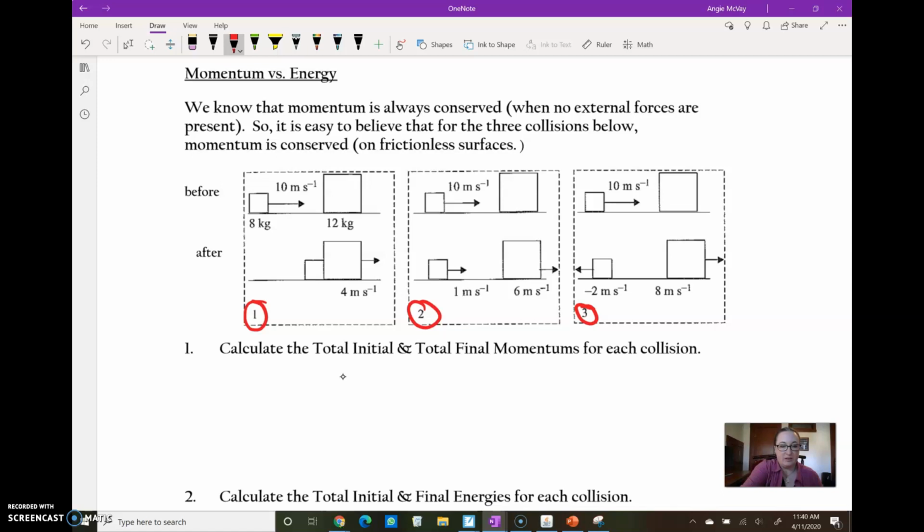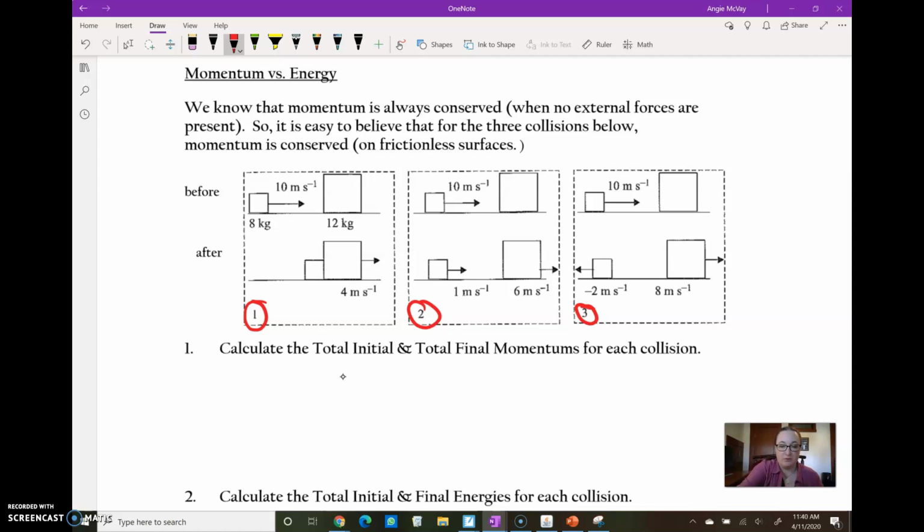After they collide, they stick together and move as one unit to the right at a velocity of 4 meters per second. For each of these scenarios, I'm going to ask you to calculate the total initial and final momentums for each collision. And then in number 2, calculate the total initial and final kinetic energies for each collision and see what happens.